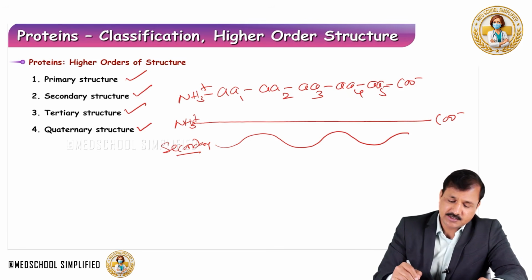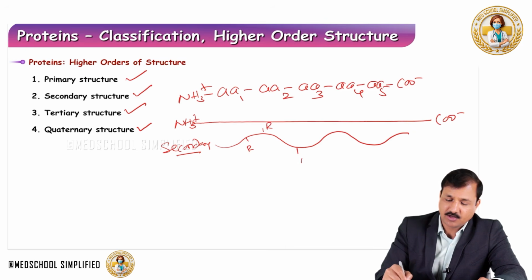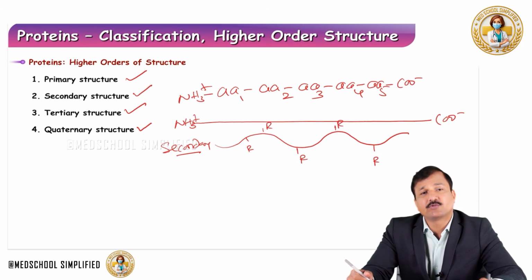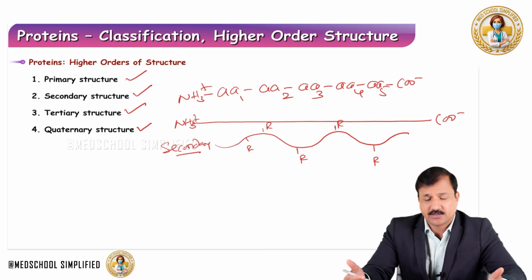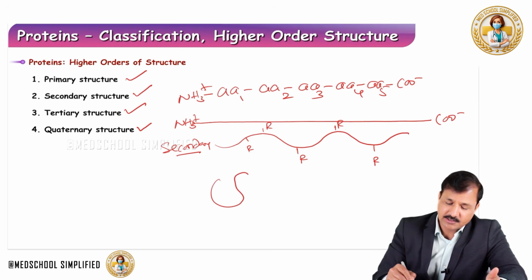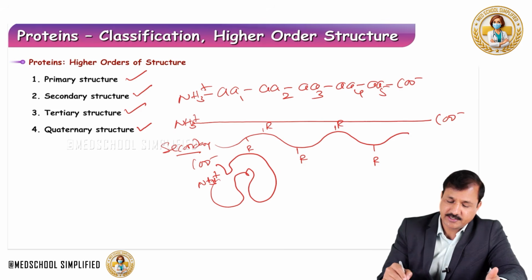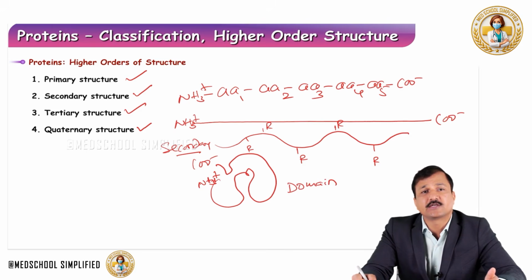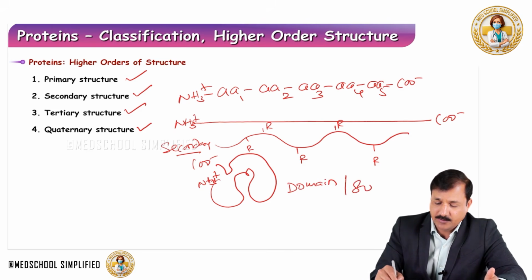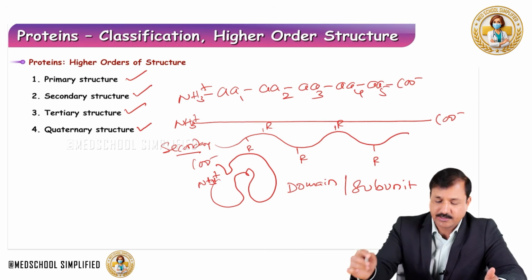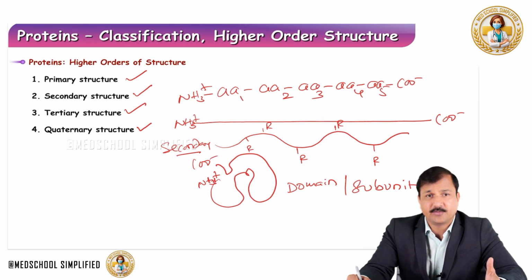Now this protein molecule has amino acids with their side chains, that is R groups, present in each of these amino acids. These R groups can interact with one another depending on their characteristics, and that will give a certain shape to the protein molecule. That shape we call the tertiary structure of a protein molecule, and one tertiary structure we call a domain or a subunit. That is a tertiary structure of a protein molecule.